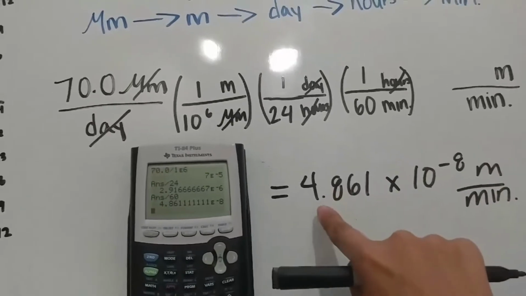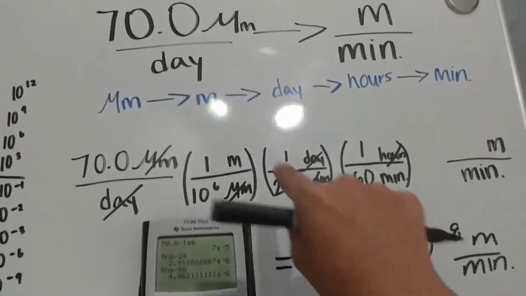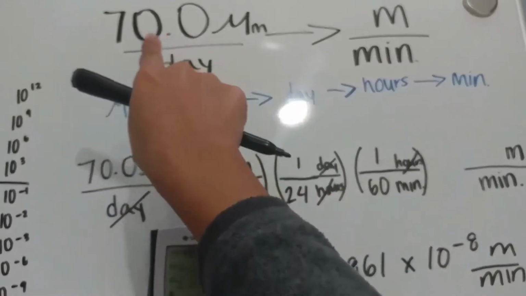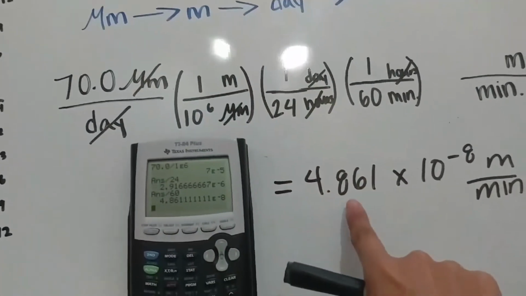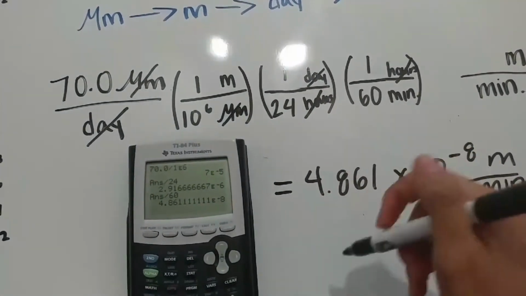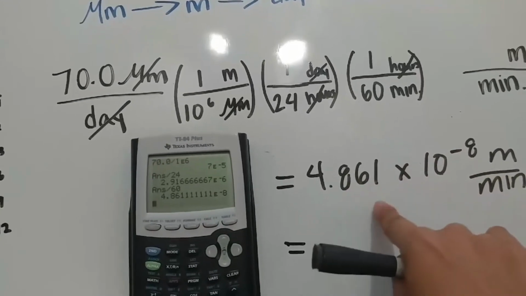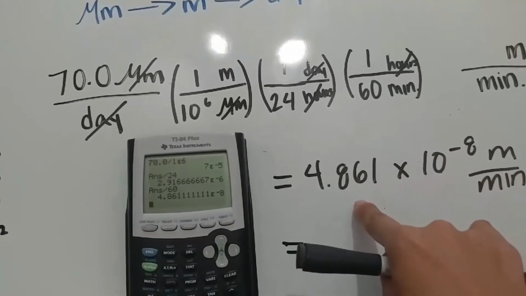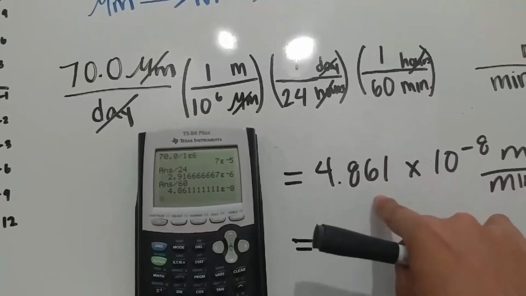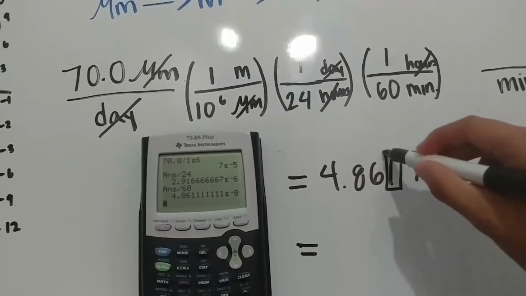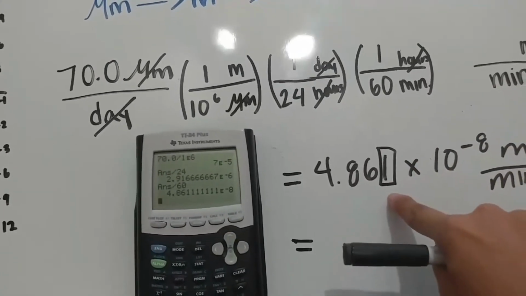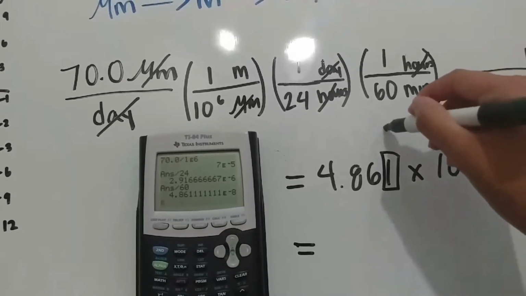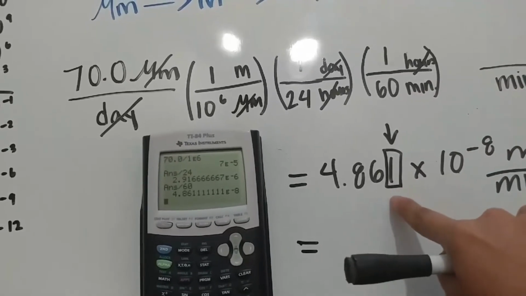However, don't forget about your significant figures. We originally started with 3 significant figures here, so we have to end in 3 significant figures here. Now, to properly round this answer to 3 significant figures, which would be 4.86, you would have to look for the last number and see if it's greater than 5 or less than 5.